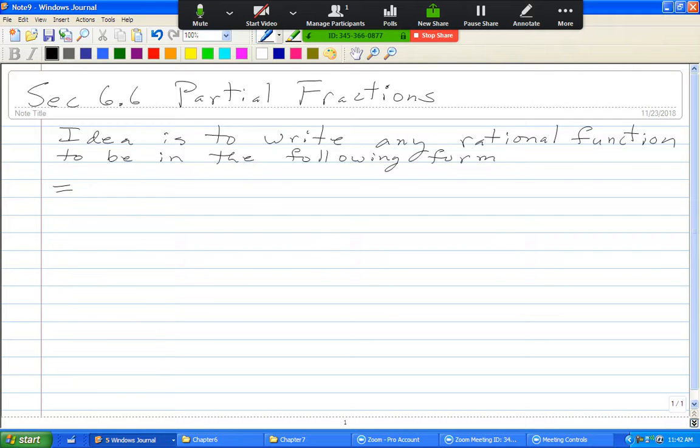So it'll be some polynomial following type of form, like this example.